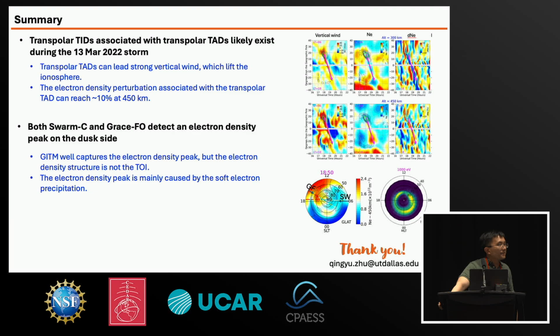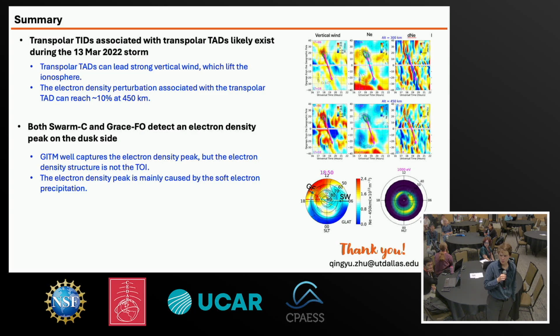Okay, I have yet another very naive question from someone who doesn't spend a lot of time looking at waves. Some of the structures you're showing, when you refer to TIDs and TADs, are we actually talking about multiple wavefronts or a single peak that you see in your plots?